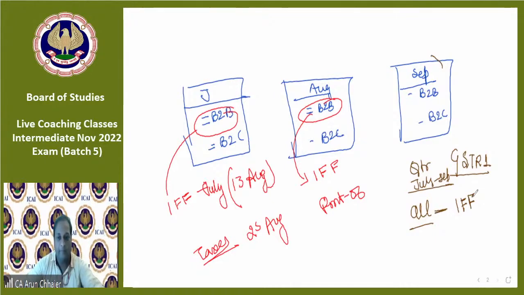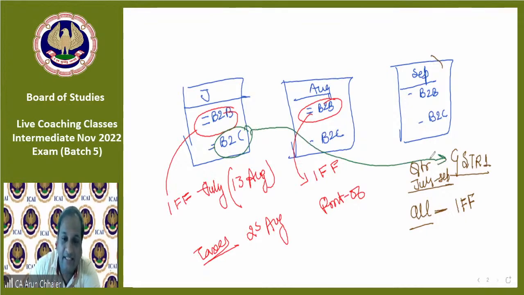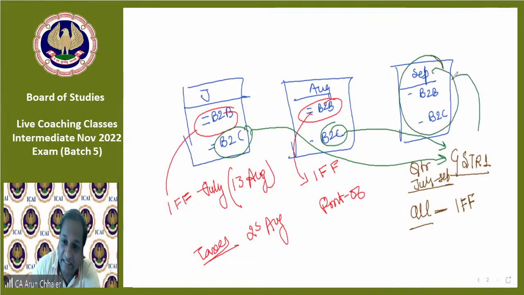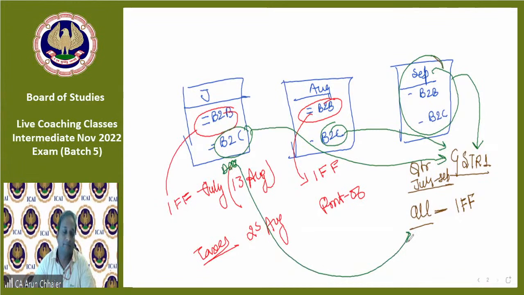It means the B2C transactions for August will come in the GSTR1. The entire September transactions will come in the GSTR1. Similarly, the number of invoices, document detail, and all other tables will come in the GSTR1.